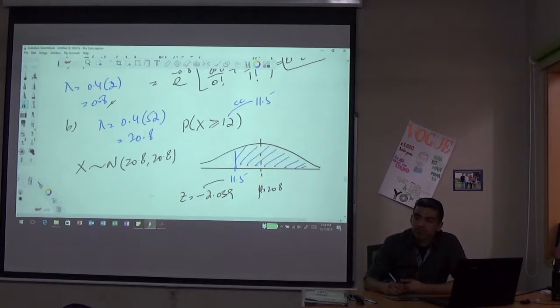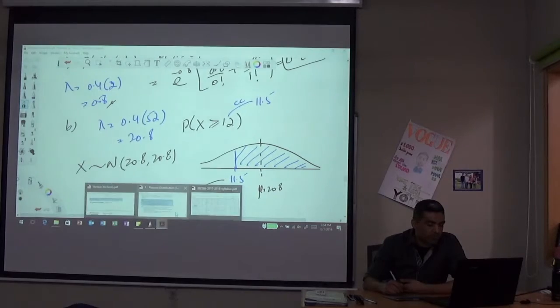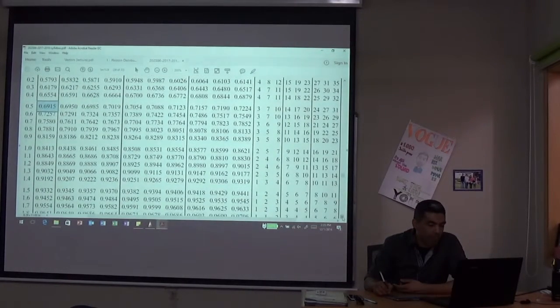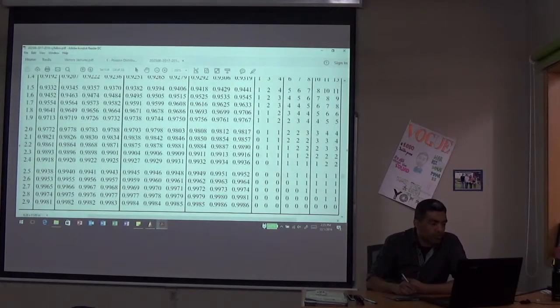Shall we check the table? 2.039. Okay, this is 2.0, this is 2.03, and for 2.039, the last digit, we add 4 to it. 0.9792.